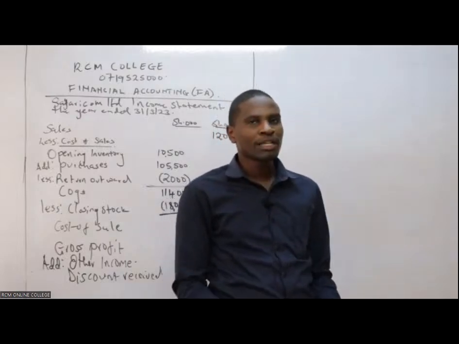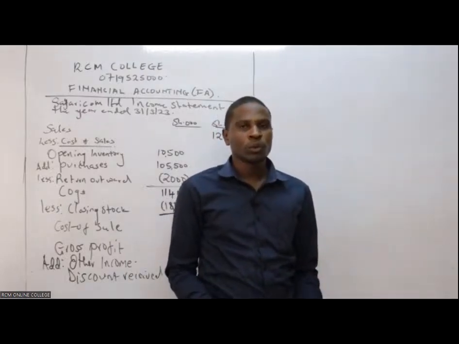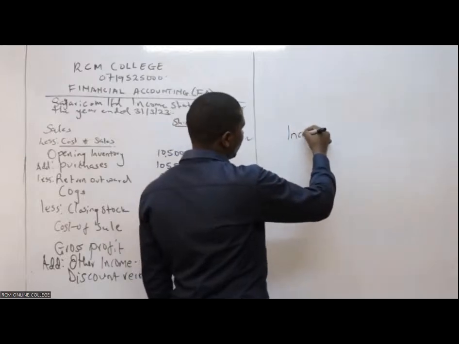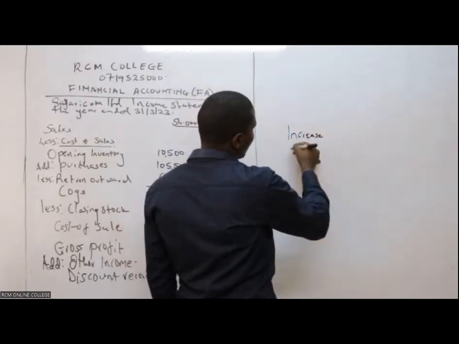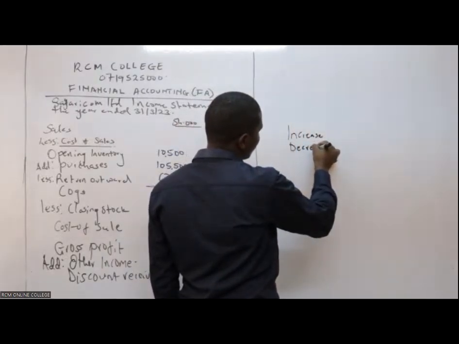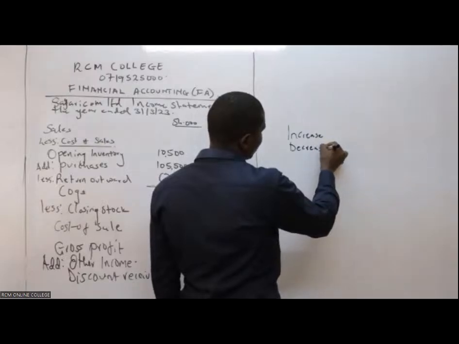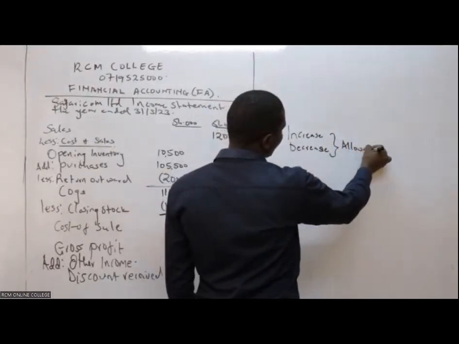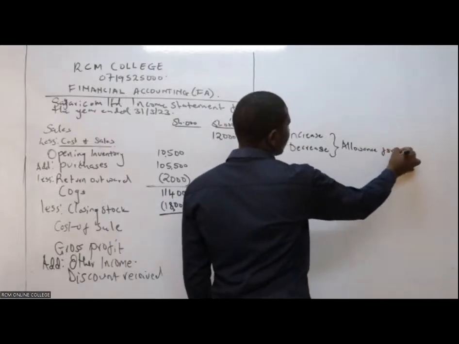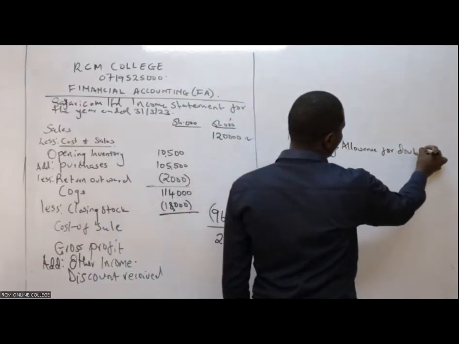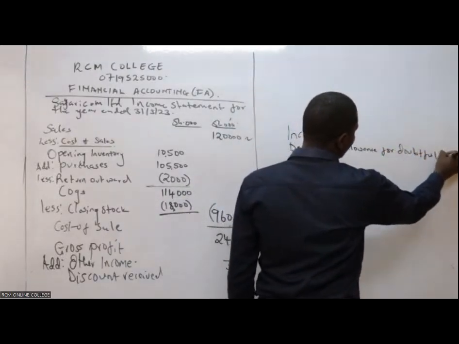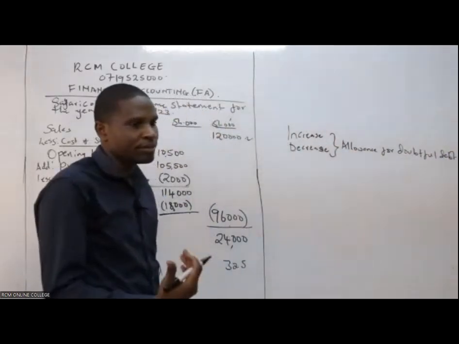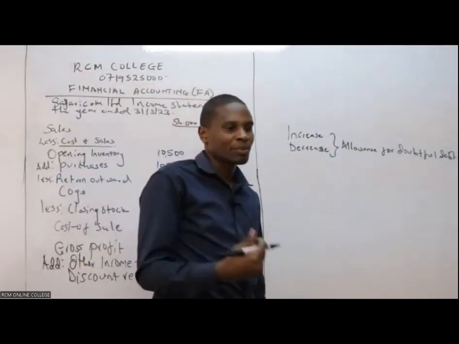Now, I want to ask a question here. We have an increase and a decrease in allowance for doubtful debt. Between the two, which one is an income and which one is an expense?